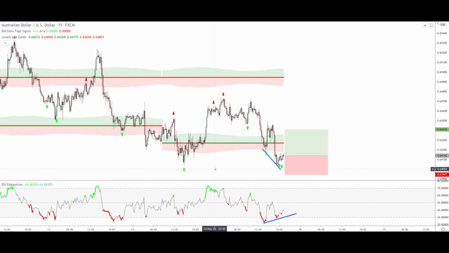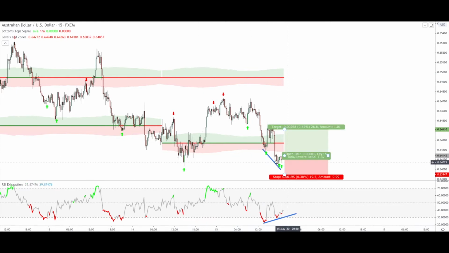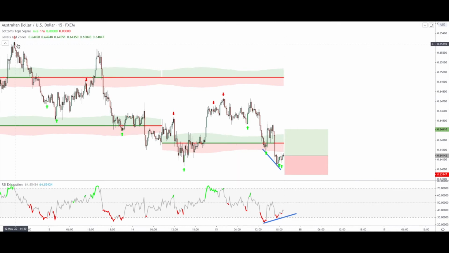So if I'm expecting this to be the second bottom and this to be the first bottom, the price should at least reach this resistance level up here, just like we had the two tops 1 and 2 here, and the price moved beyond this support and reached this level down here.